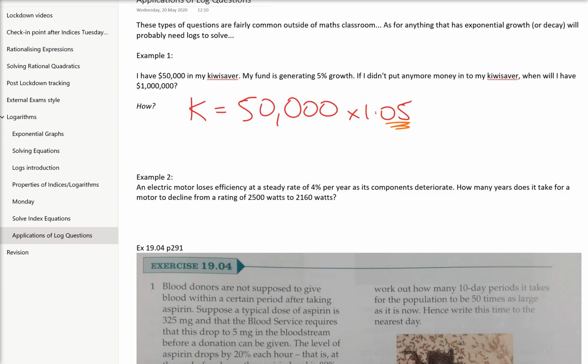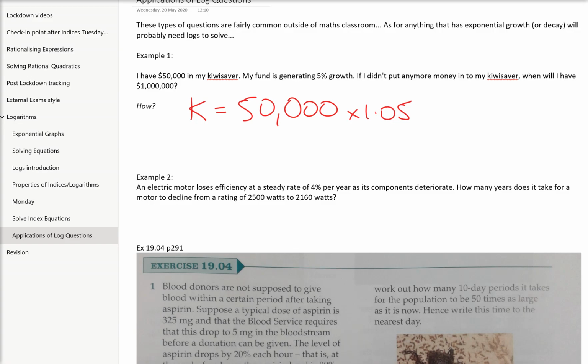If it was a 15% growth, that would be 1.15. If it was a 1% growth, it would be 1.01. If it was a 2.5% growth, it would be 1.025.